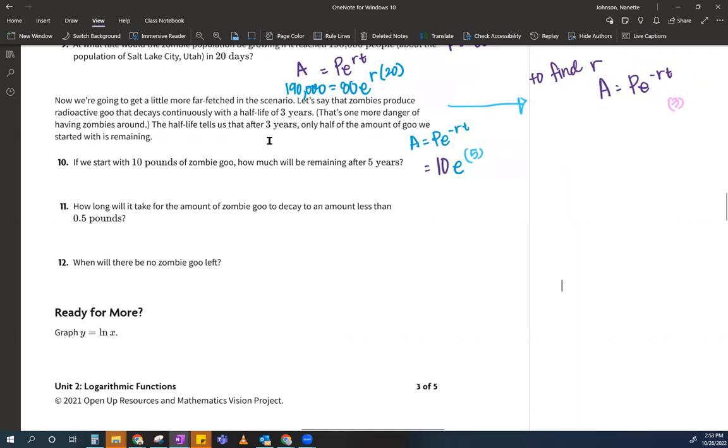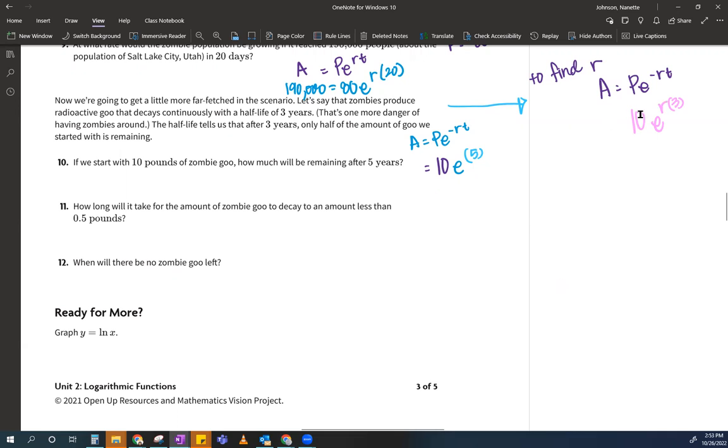Okay, so just for the sake of argument, you can use whatever number you want, but because they gave me 10, I'm going to use that here. And I'm trying to look for R. And they said after 3 years, you have half the amount of goo.